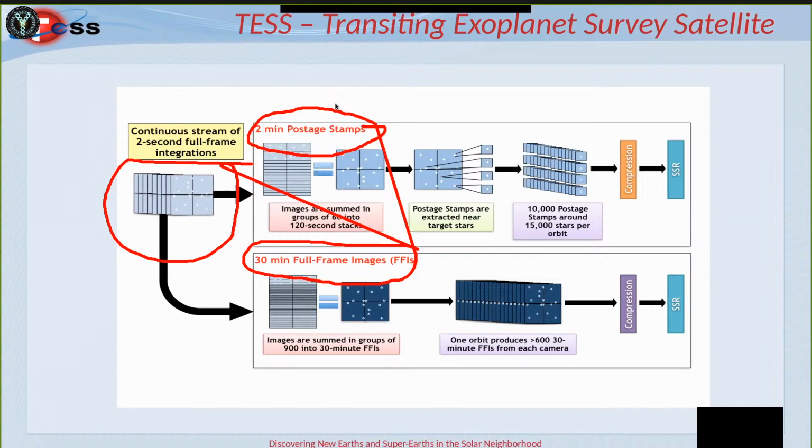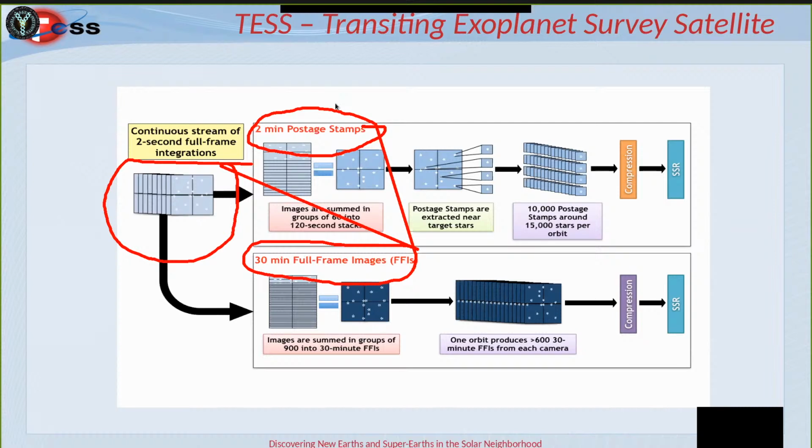And theoretically, TESS can do even shorter cadences in the future, even going down to 20 seconds. People who are doing asteroseismology are quite interested in this type of data acquisition. This whole issue depends on the available bandwidth.